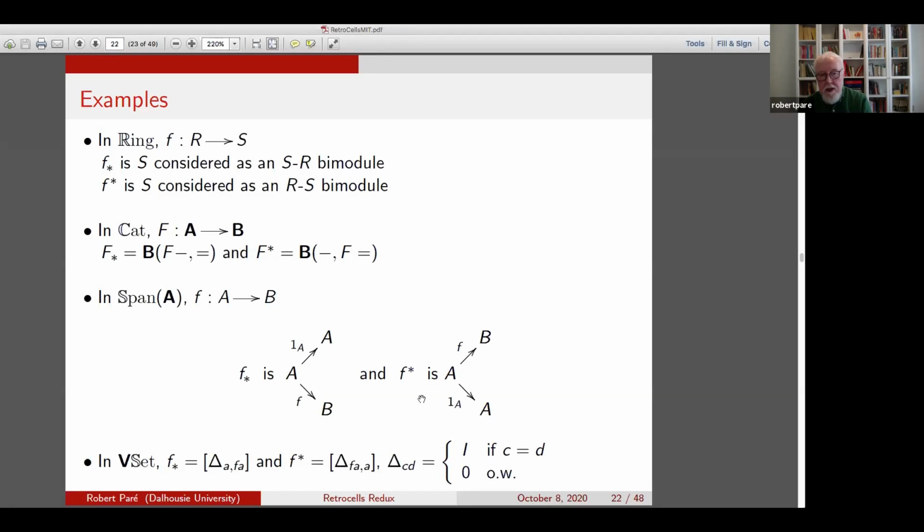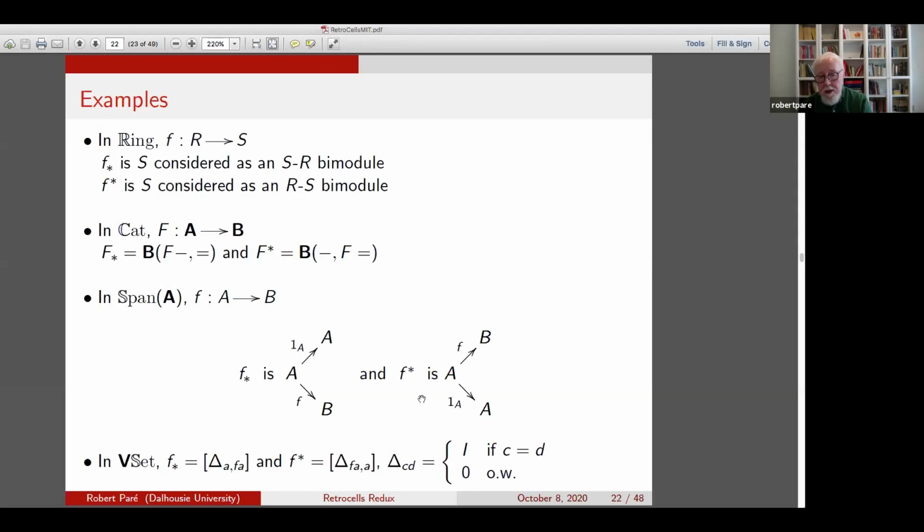The companion is S, but considered as an SR bimodule, where you use F to get the R structure. And F upper star is also S, but considered as an SR bimodule. In CAT, for profunctors, you can plug the F into the Hom functors. If you plug it in the first variable, you get the companion, and if you plug it in the second variable, you get the conjoint.